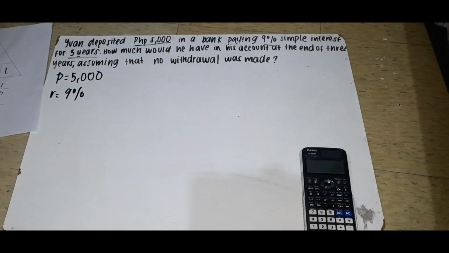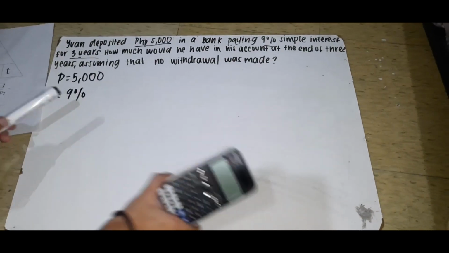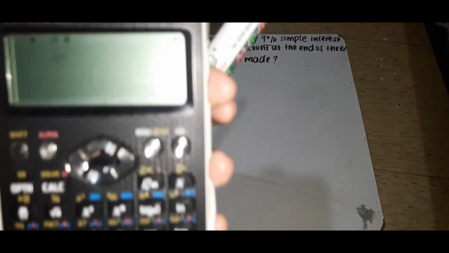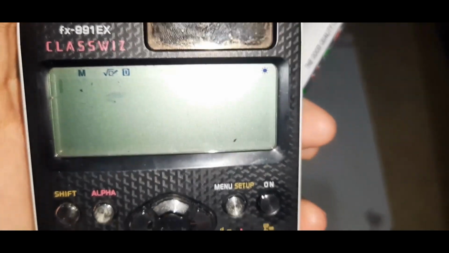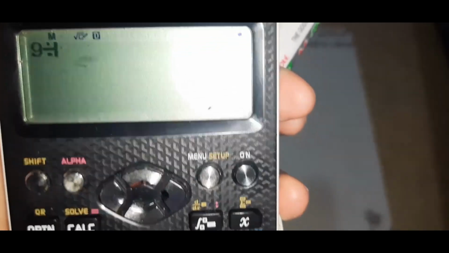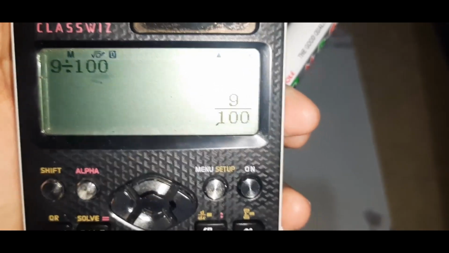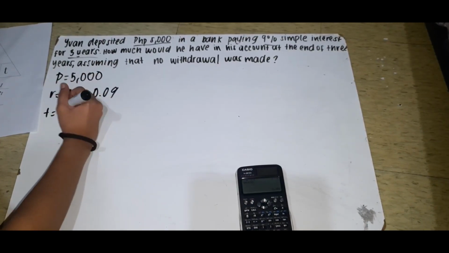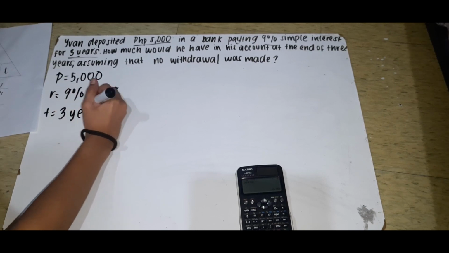Now, in order to convert the 9% into a decimal form, you have to divide it by 100. So 9 divided by 100 is 0.09. And the time is 3 years.